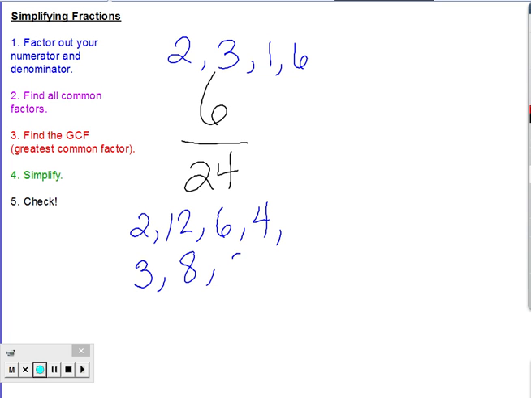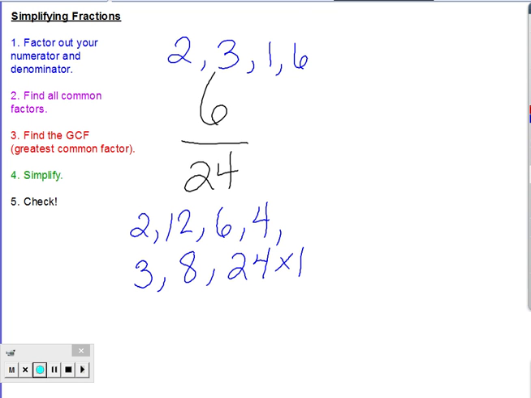I know we can do 24 times 1 to get 24, so 24 and 1 are both factors. And that is it. So let's go ahead now and move on to step 2, and let's figure out what all of our common factors are. Let's find all of our common factors that our numerator and our denominator share that are the same.